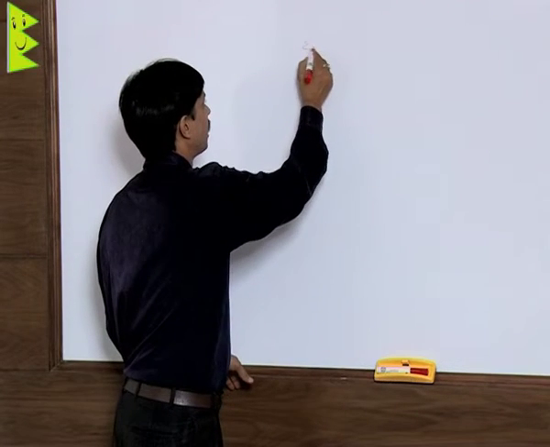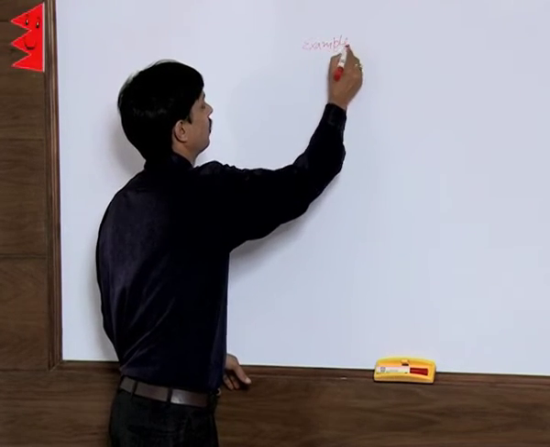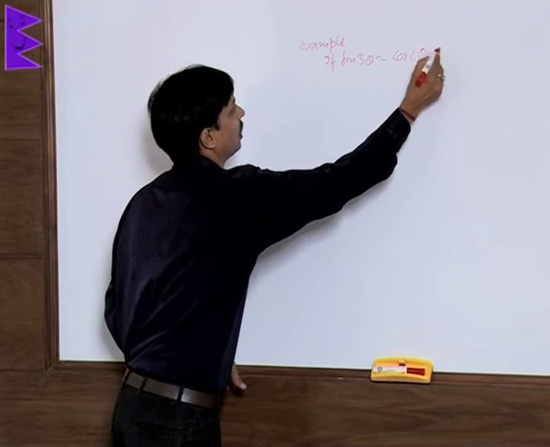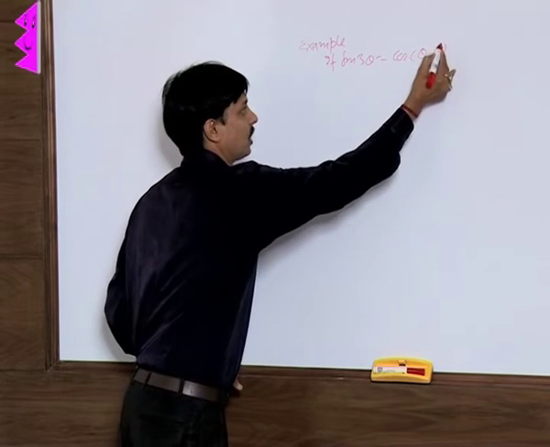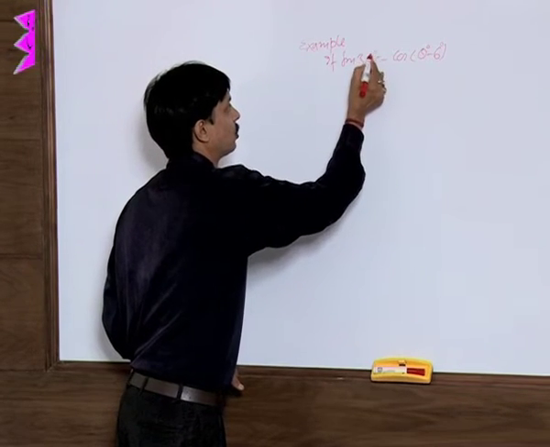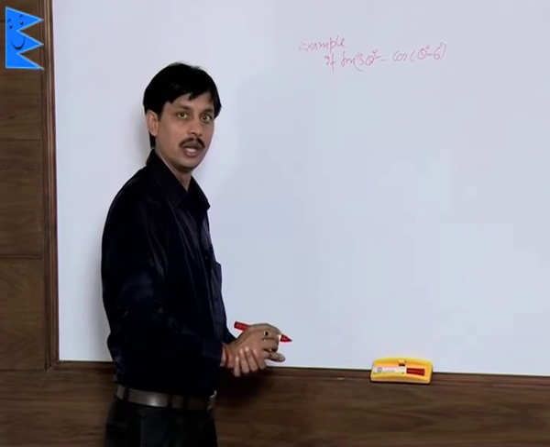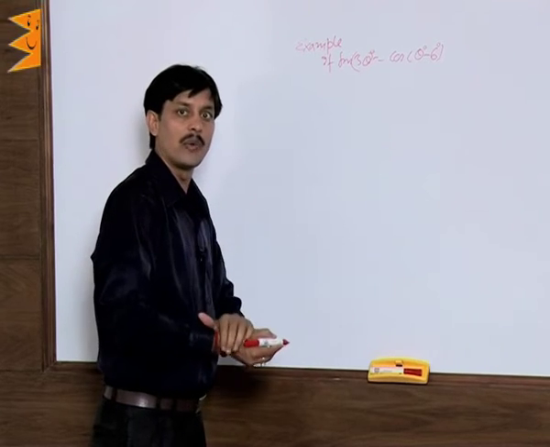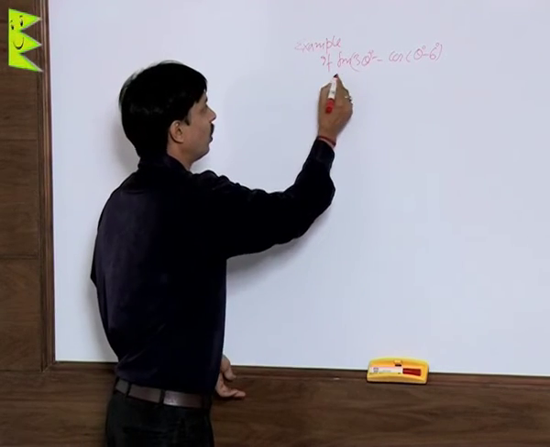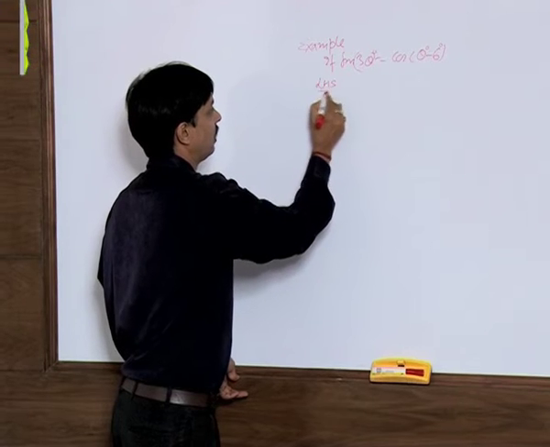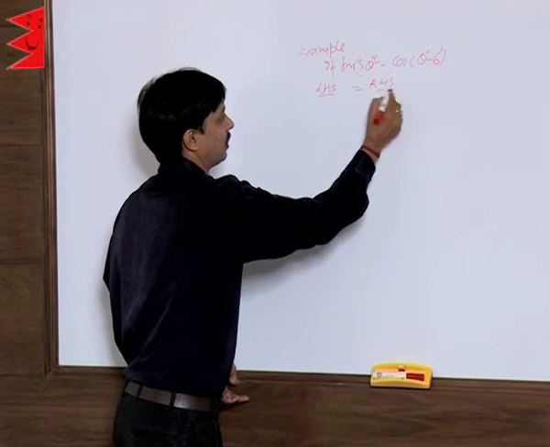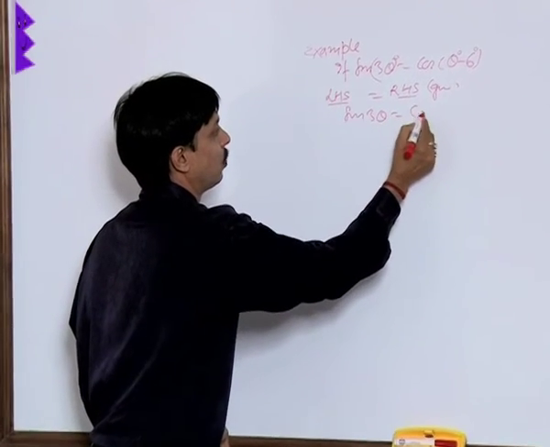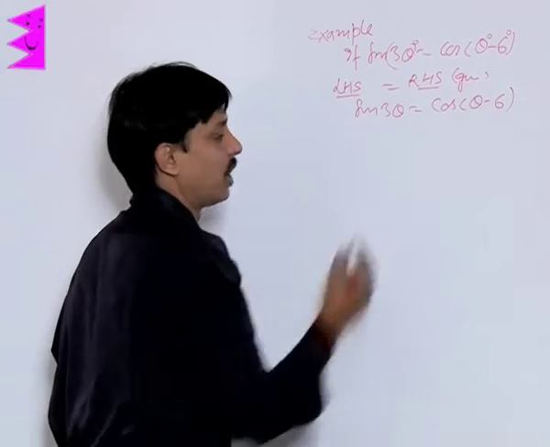Suppose I take an example: if sin 3 theta is equal to cos of theta minus 6, where this 6 is in degrees, theta is in degrees, and the entire 3 theta is also in degrees. Now to evaluate the value of theta, what will we do? We will take the left hand side equal to the right hand side. This is the given: sin 3 theta is equal to cos of theta minus 6.